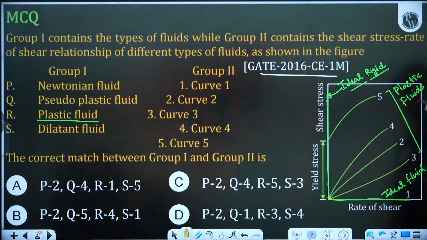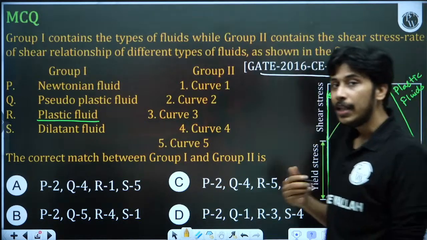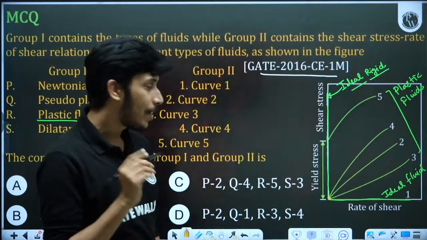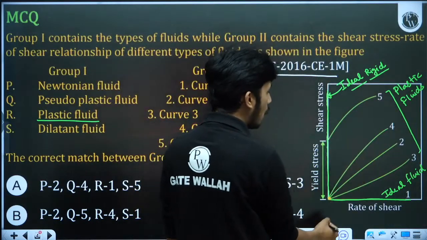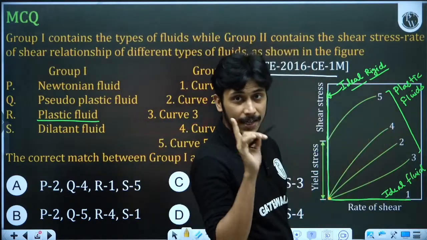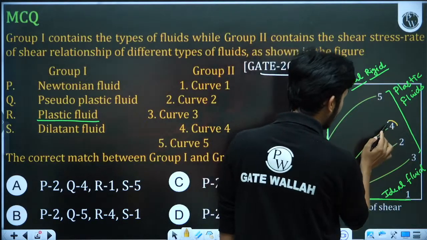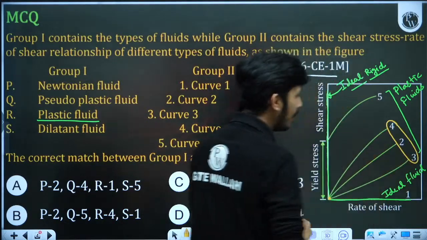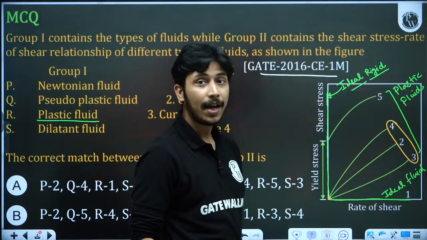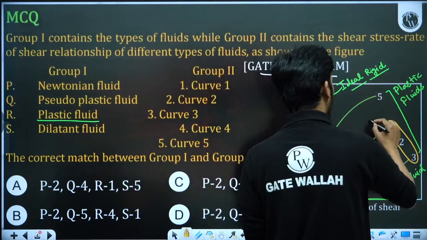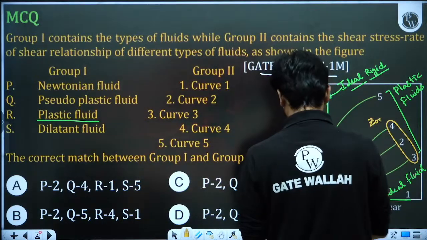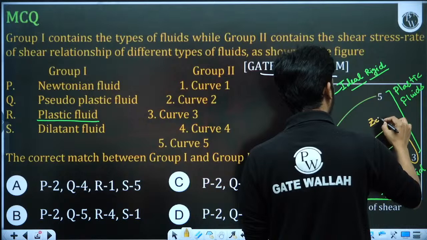So now in all the plastic fluids, you have two types of fluid. One which are starting from 0, all the three fluids. Please understand very carefully, because you will not get these things in the exam. These three fluids which are starting from the 0 level are called zero initial shear stress fluids. Are you getting my point? Zero initial shear stress fluid.